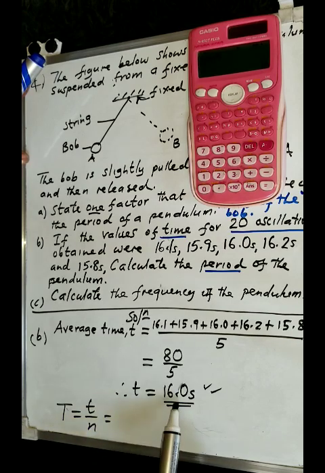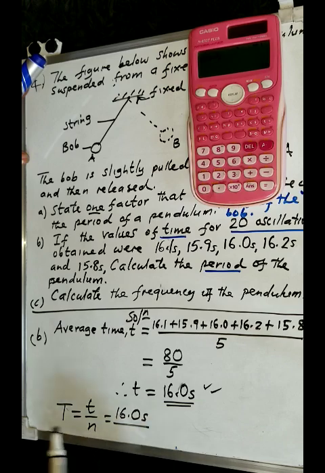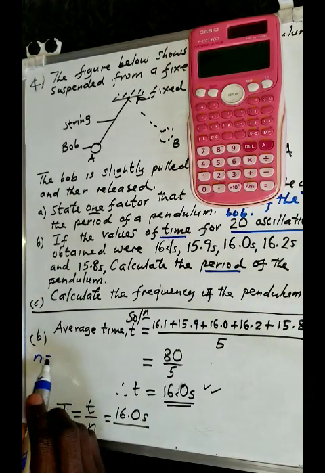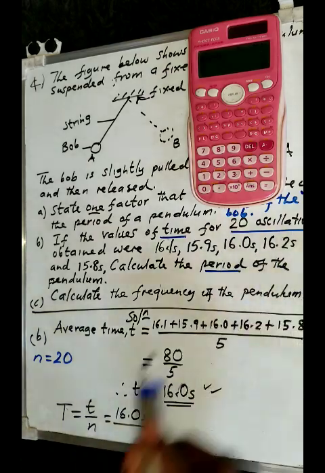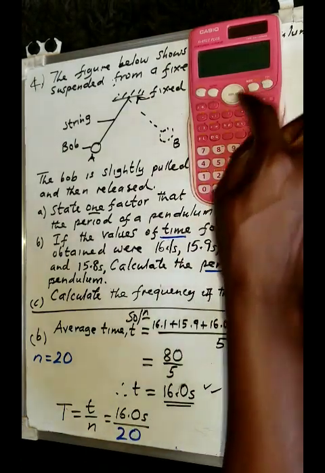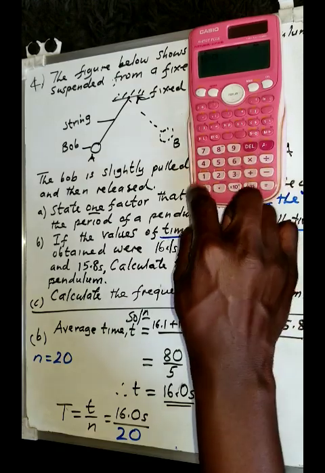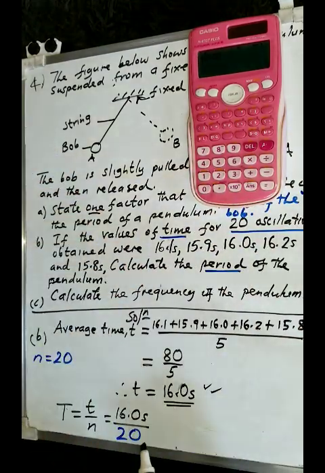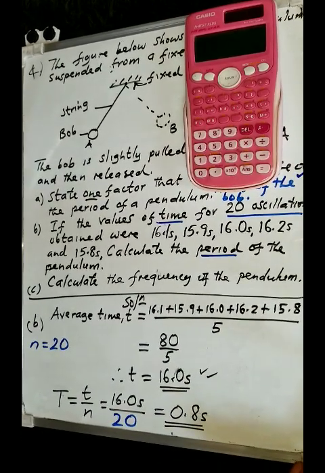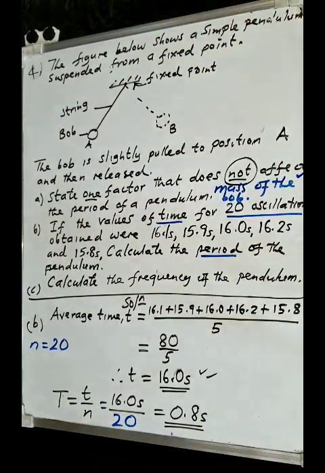So the time, you get this average, which is 16.0 seconds, and the number of oscillations, they told us was 20 oscillations, so you divide by 20. So it is going to be 16 divided by 20, and that is going to give us 0.8 seconds. So this is what you needed to do in the B part there, to calculate the period of the pendulum.